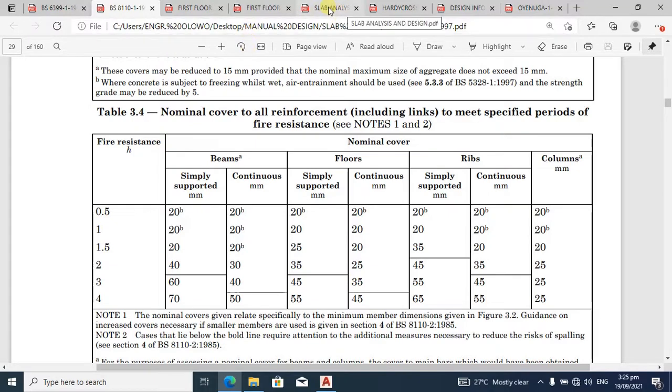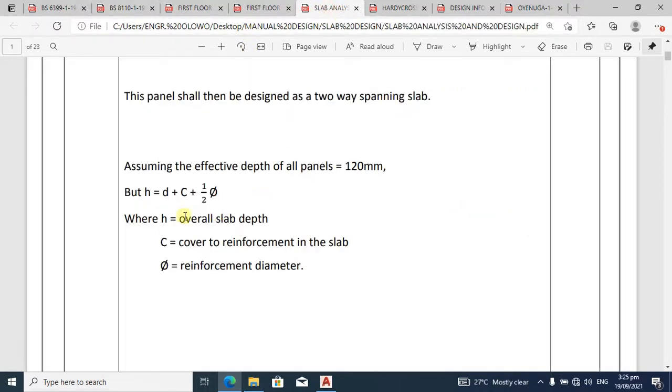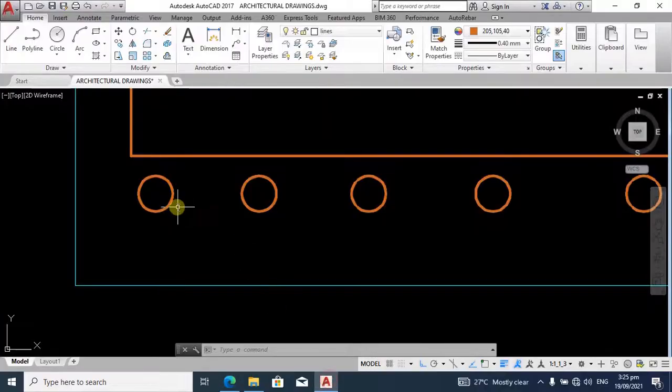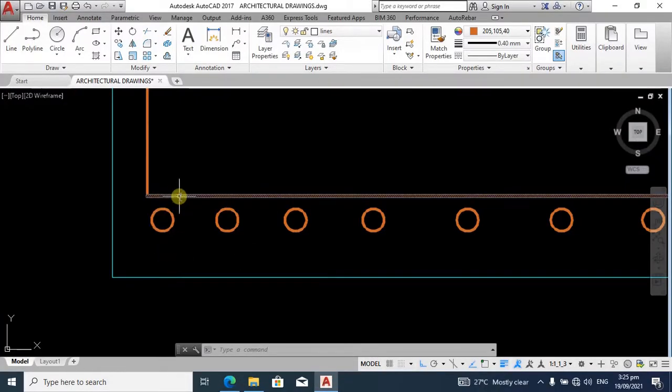Now back to the analysis. Like I said, we can assume a suitable depth for our slab, or we can assume a suitable effective depth for our slab, which is D. Then from there we are going to calculate for H, where H is the overall slab depth. This symbol represents the diameter of the reinforcement.